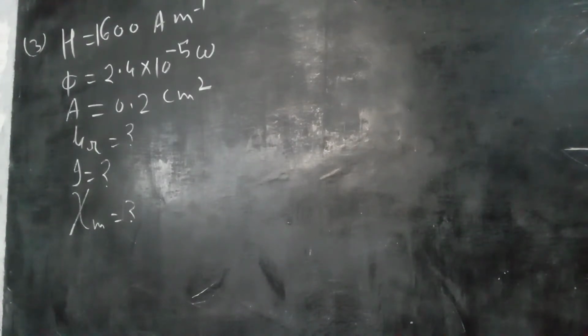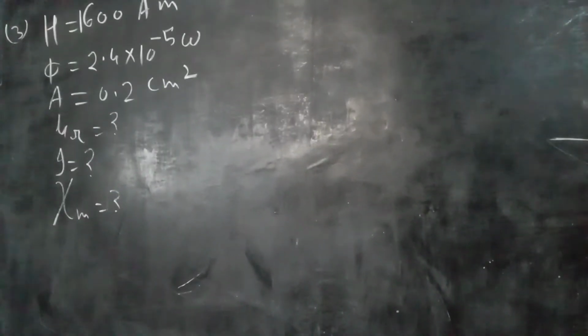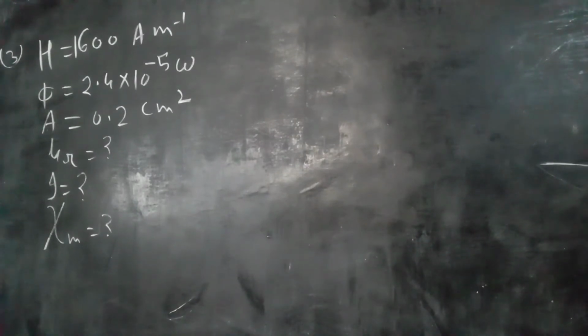The magnetizing field of 1600 ampere meter minus 1 produces a magnetic flux of 2.4 into 10 to the power minus 5 Weber in a bar of iron of cross section 0.2 centimeter square.